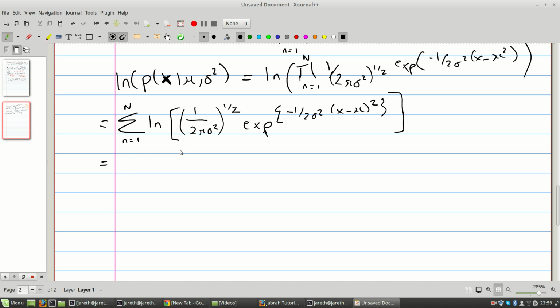Now that we've reached this point, we can also separate this, because this is ln of a times b, so we can write this as ln a plus ln b, right?